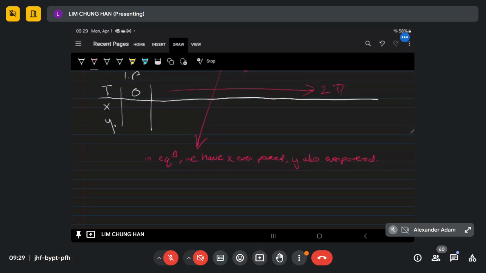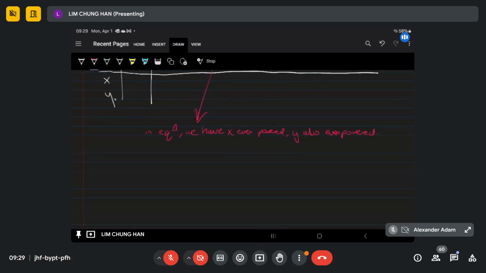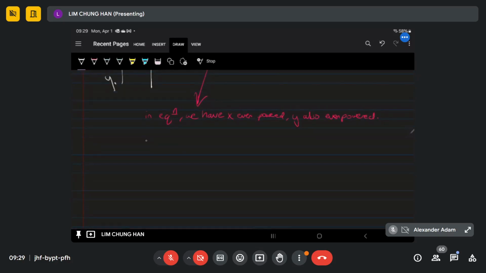So what that means is, if you go back to the rule that I talked about just now, for this function, let's look at the x even powered first.